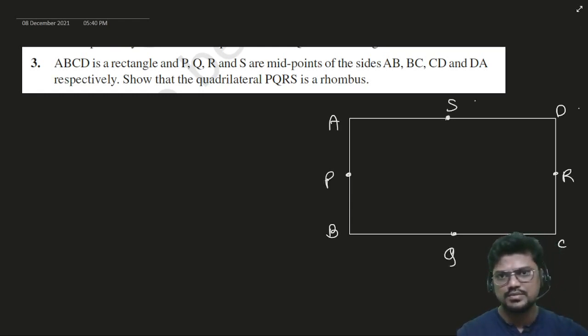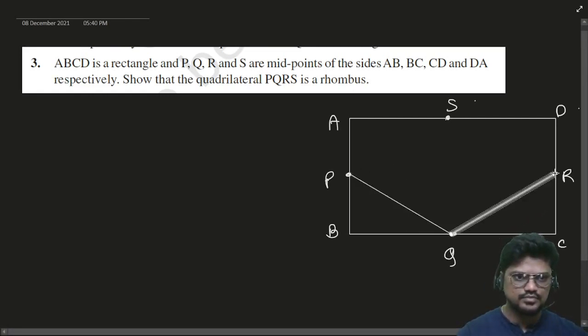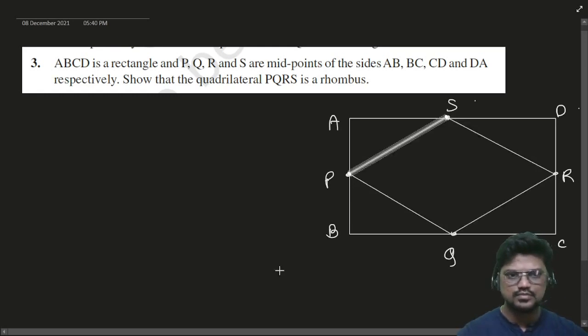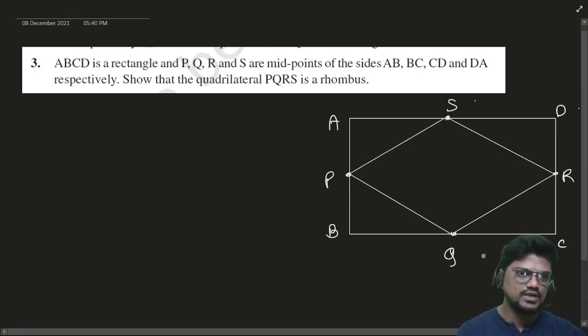If I join all of them, show that the quadrilateral PQRS is a rhombus. You have to prove that this is a rhombus.